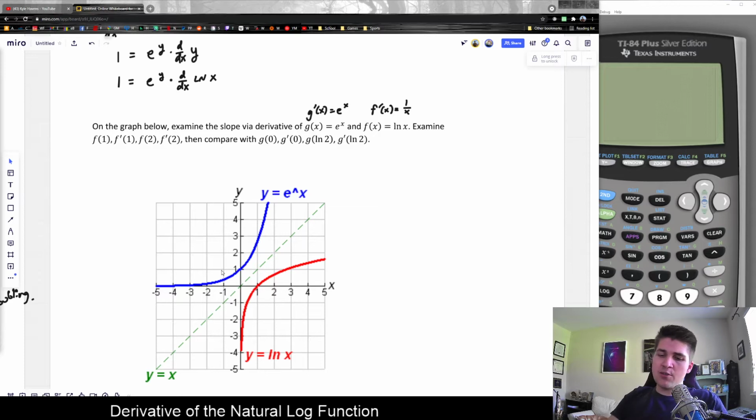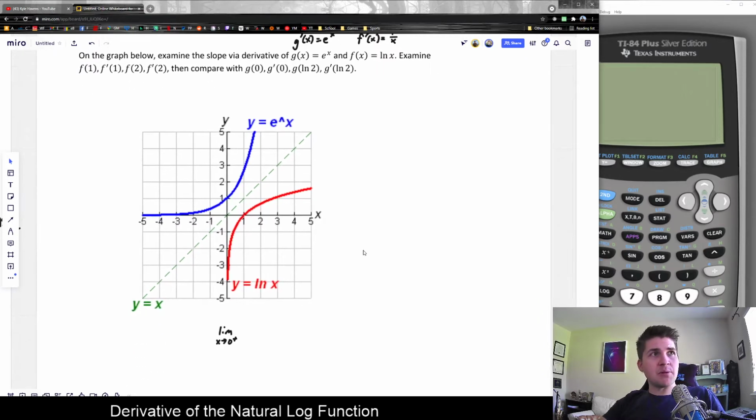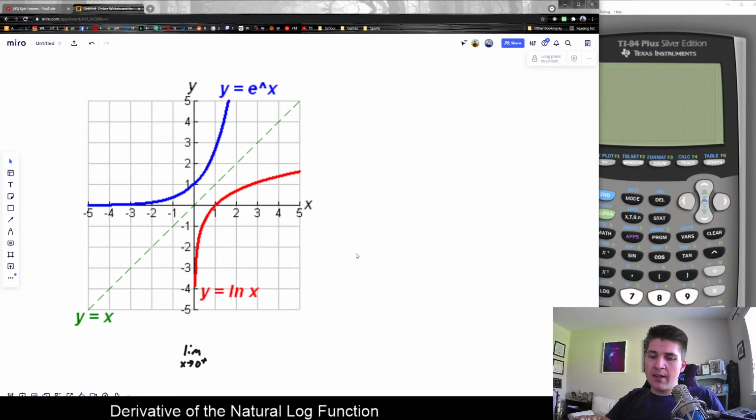This is a useful limit to remember: the limit as x approaches 0 from the right of ln of x is equal to minus infinity, which can be seen by the fact that this graph will continue down negatively asymptotically. Just like in some of those other functions, it can get infinitely small.